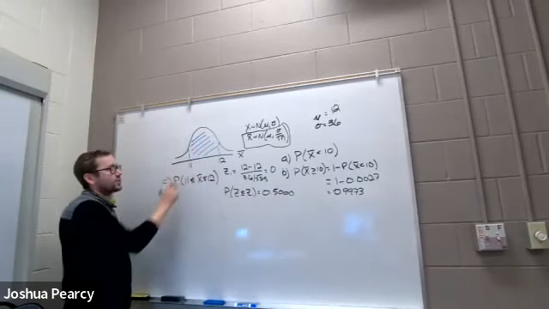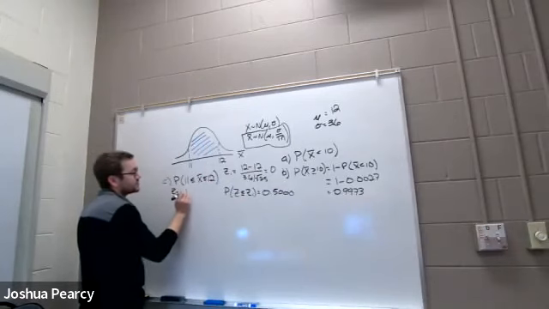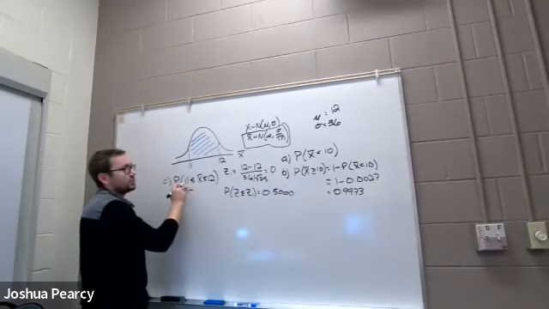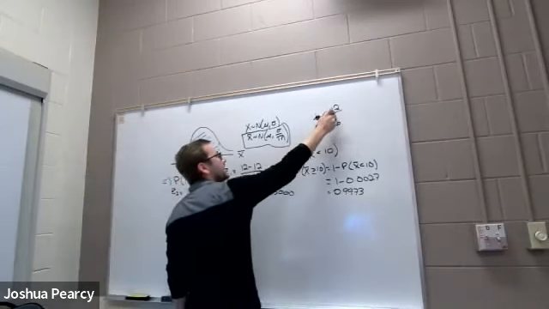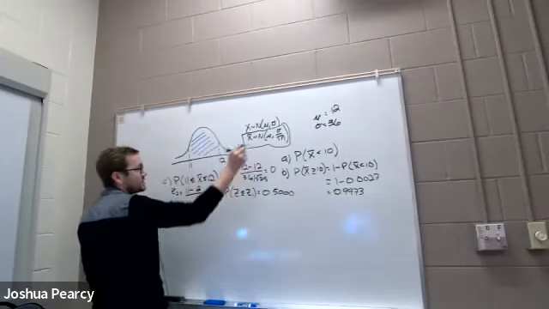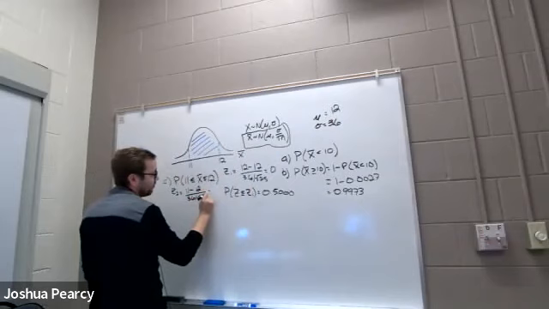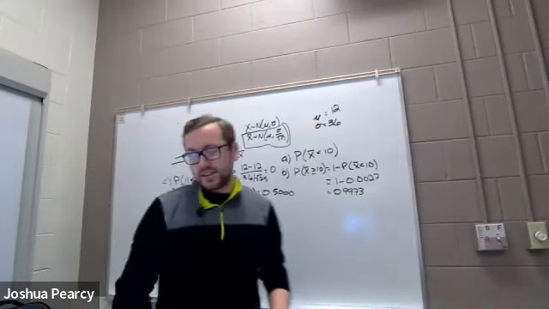Now look at the z-score corresponding to 11. Z2 is equal to 11, the sample mean of interest, minus the overall mean of 12, divided by sigma over the square root of n, so 3.6 divided by the square root of 25. If you plug that in, what do you get?